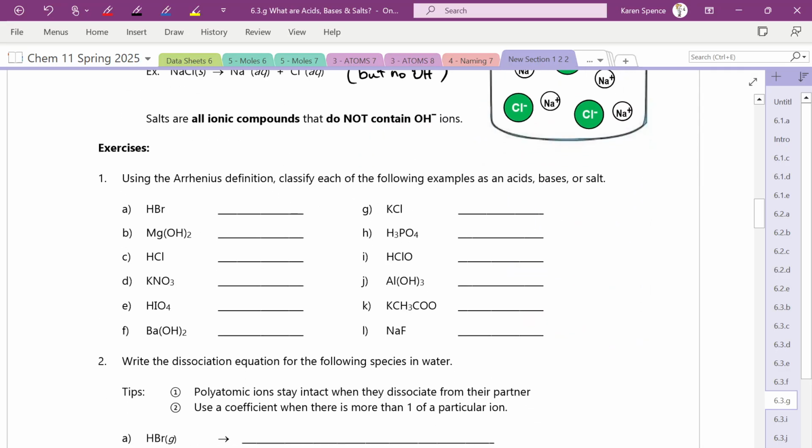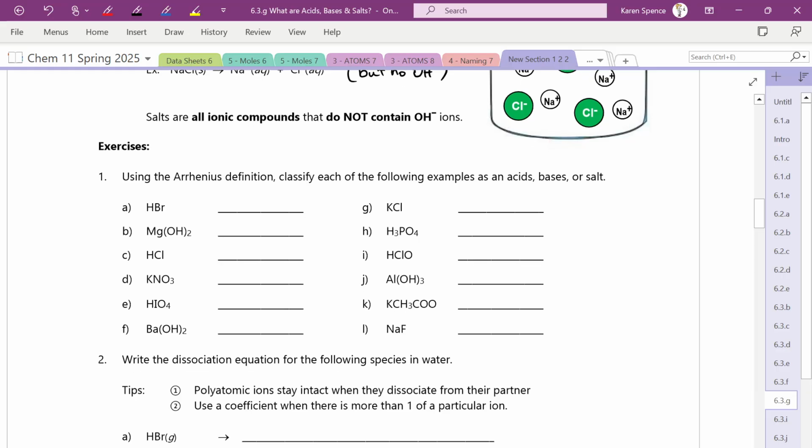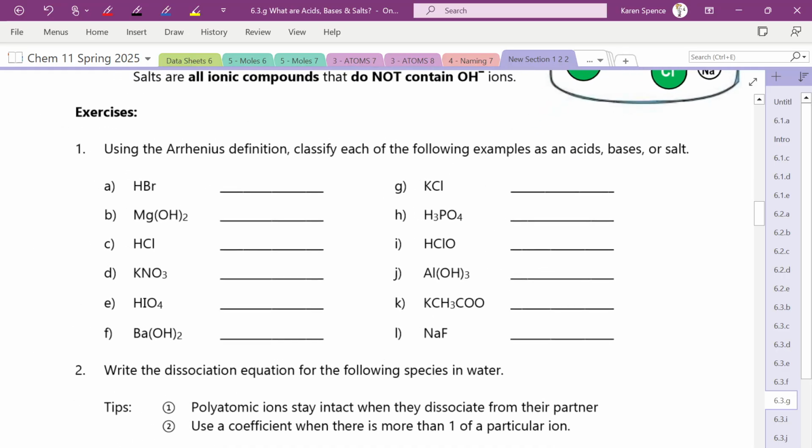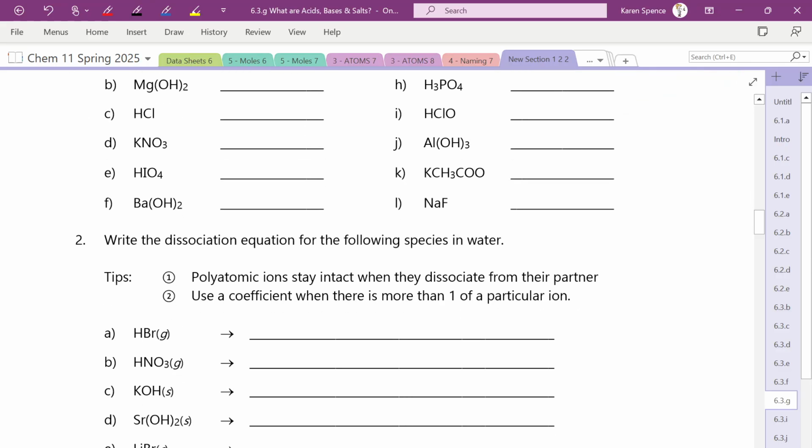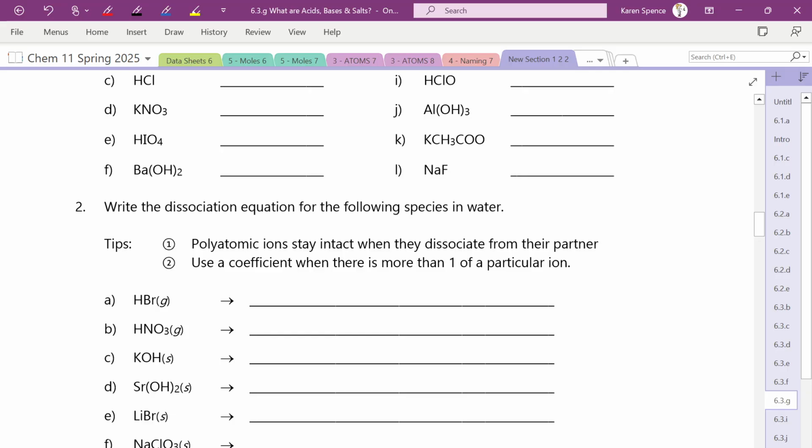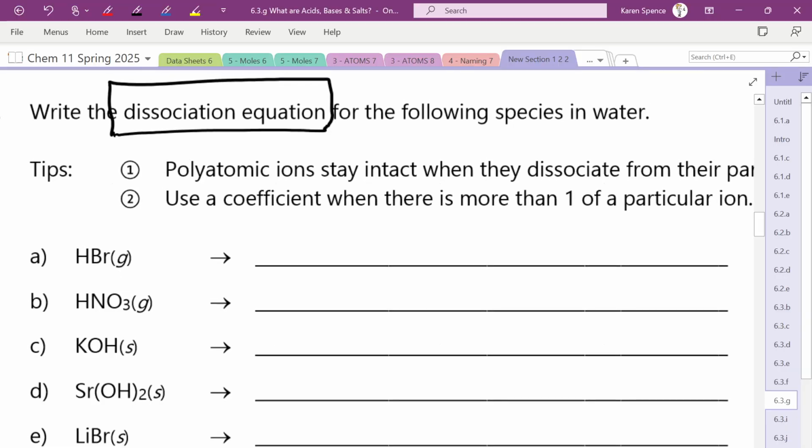So what you are going to do is you're going to do number one, and you're going to decide, do we have an acid, do we have a base, or do we have a salt? And the second thing you're going to do, and we're going to do the first couple together so that you get the idea of it, we're going to write the dissociation equation for each of these.